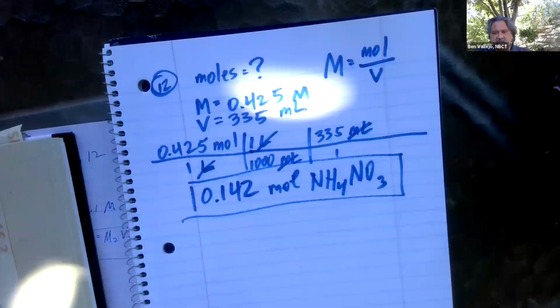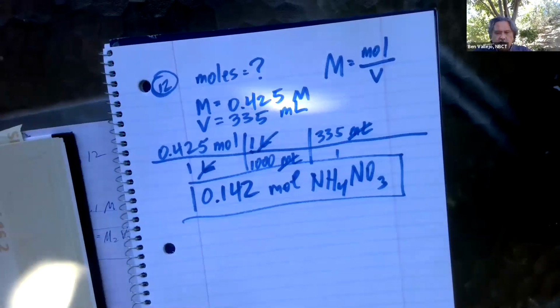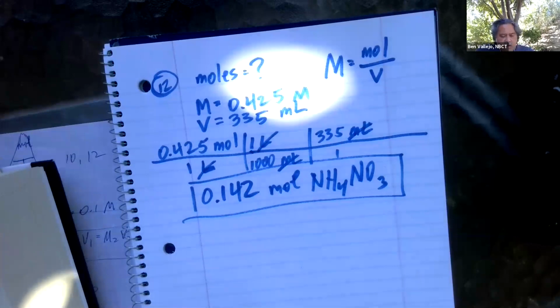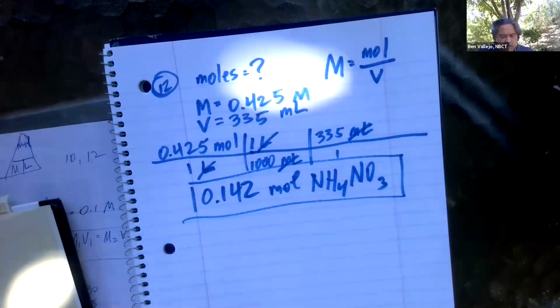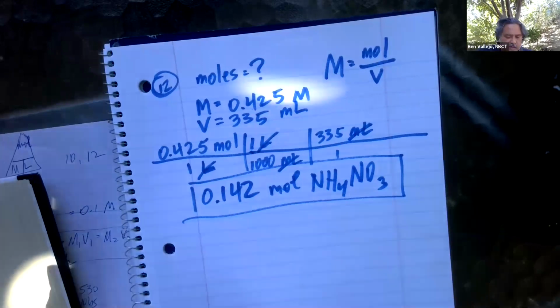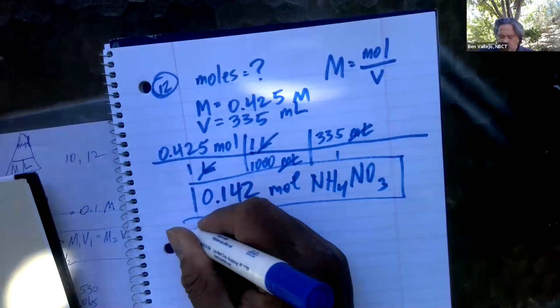All right. We have 6 different types of problems here. So tell you what, I'm going to go to the next one, which is number 14 on page 529.